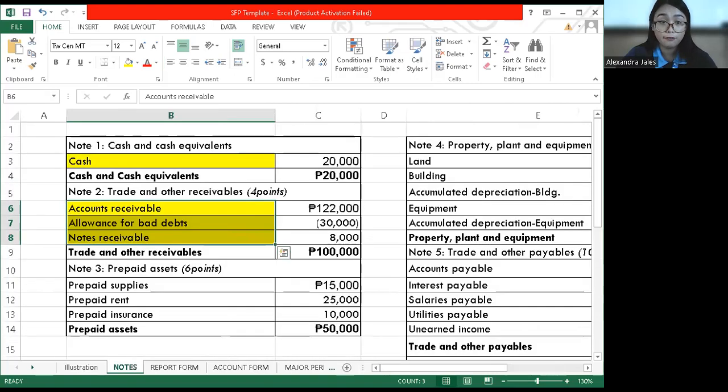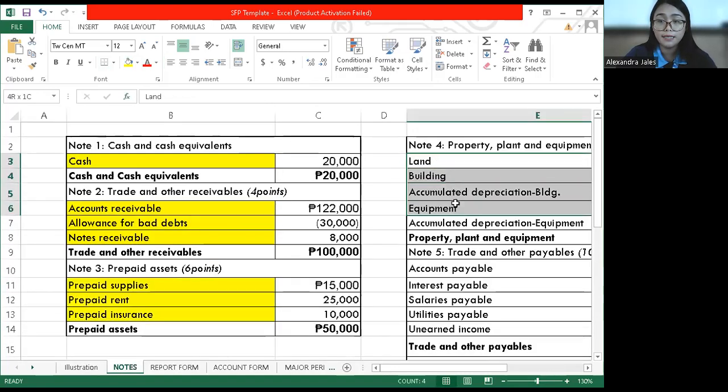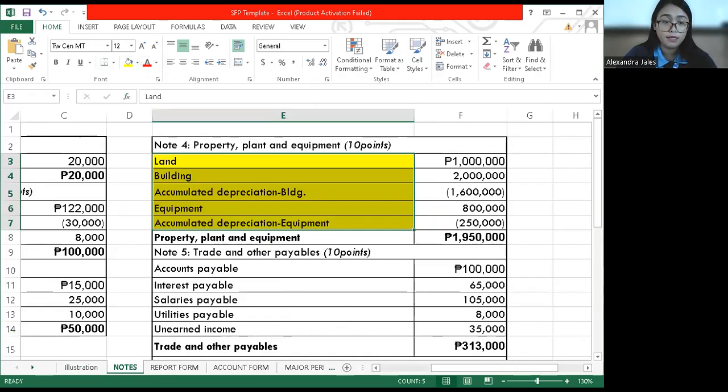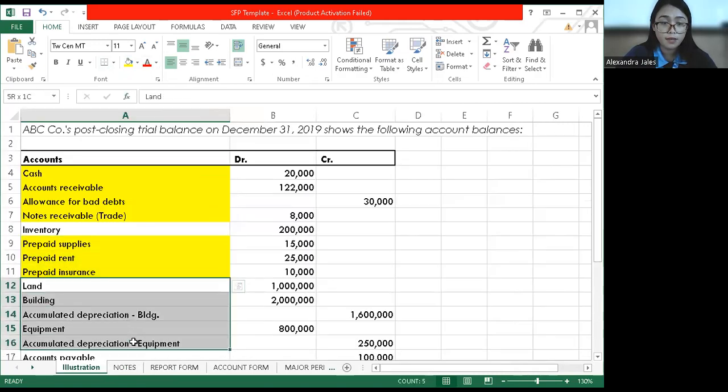Okay, so for a moment, we have also prepaid supplies and rent for your insurance. So we have here these three. And what else? You have your land, building, equipment, and accumulated depreciation for all of this. So let's use this also.